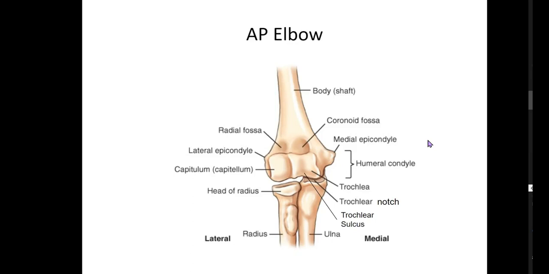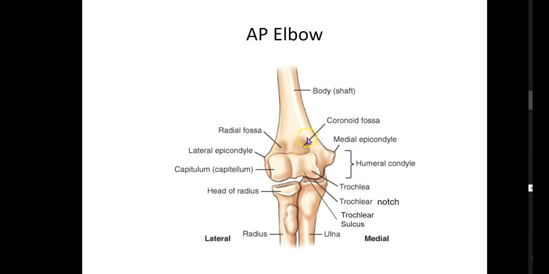In a true lateral position of the elbow, again, we'll look at that in the next presentation, the epicondyles should be directly superimposed over each other, and they will be proximal to the capitulum and the trochlea. And again, we'll look at that in the next presentation. There are several depressions on the distal humerus that I want you to know. There are two shallow depressions on the anterior surface.